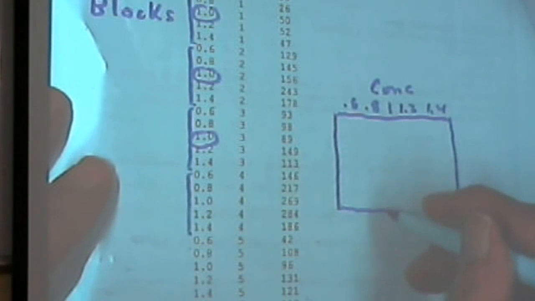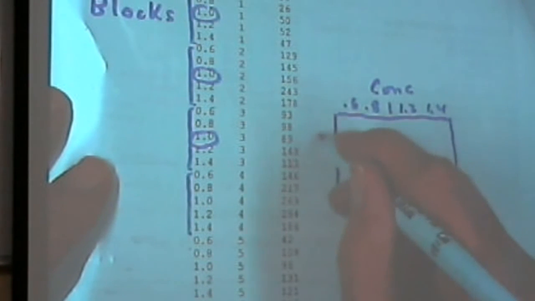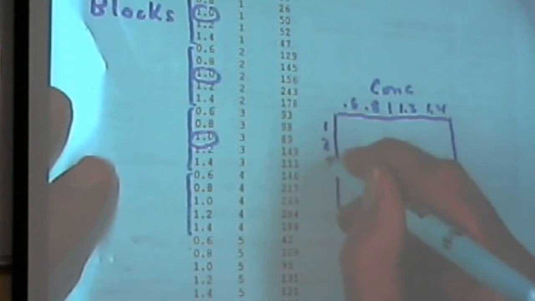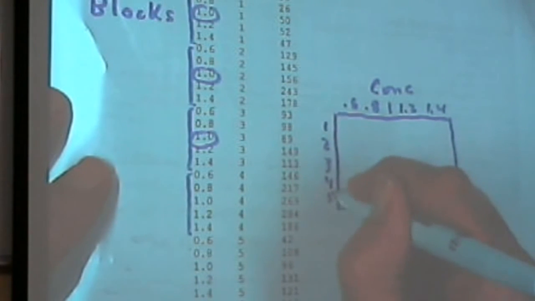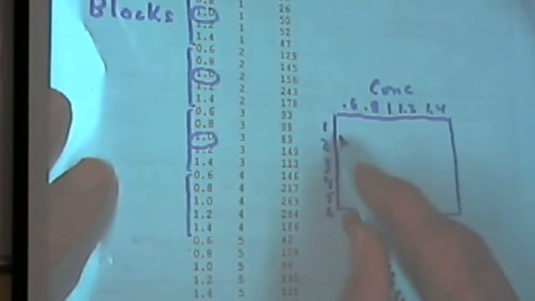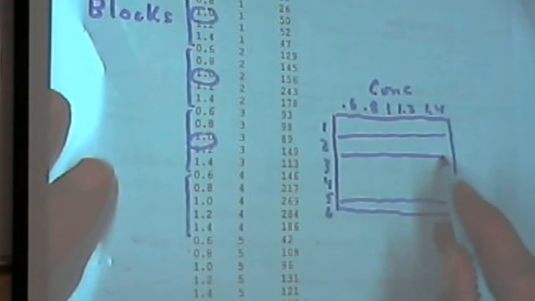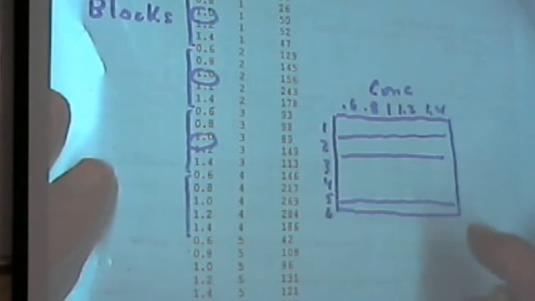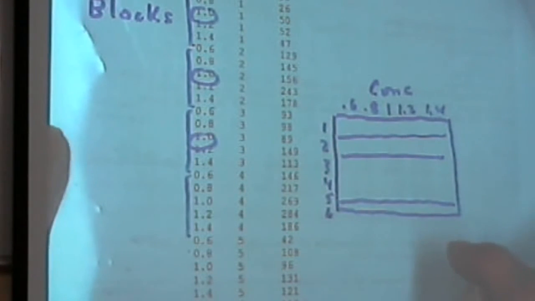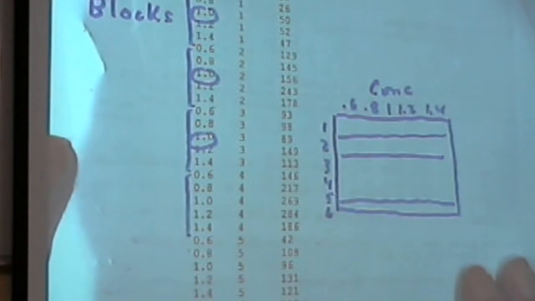And then as far as blocks go, 1, 2, 3, 4, 5, 6. So you can imagine this data on bacteria count being written in a 2-dimensional table like this. I just didn't choose to write it that way. I chose to just put it down the columns like this.